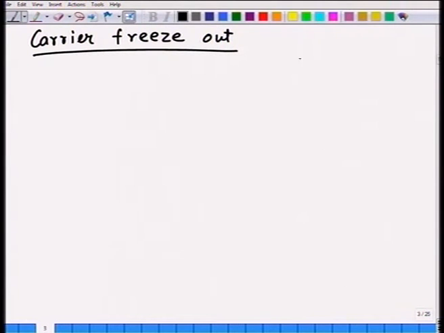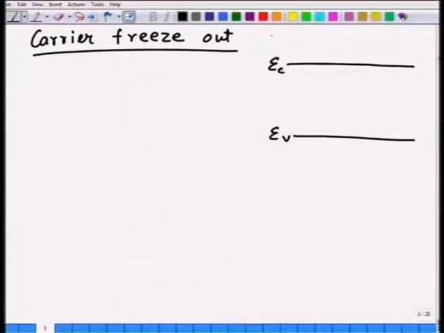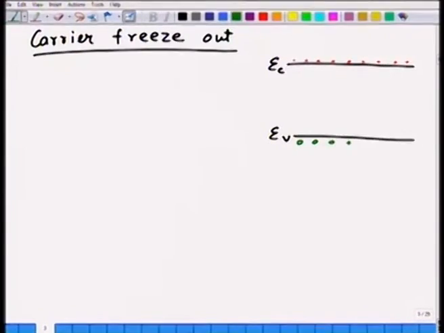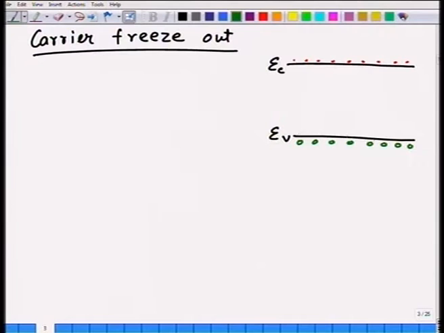What we are saying is this, that when the temperature was high, the dominant mechanism was the carriers which came because of this region, and corresponding holes here, because these electrons jumped over across the band gap.